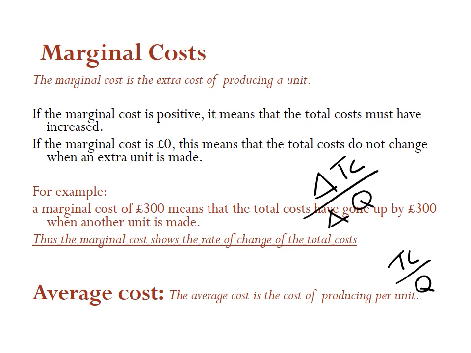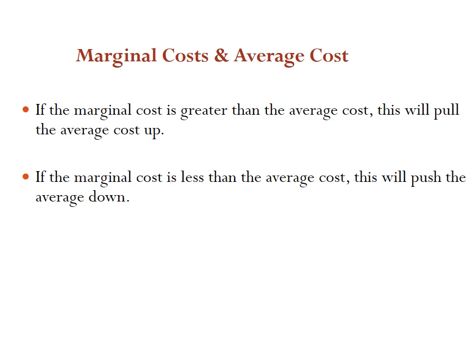Very important, just know the differences between them. Change in total cost divided by change in quantity, that's your marginal cost. Total cost divided by quantity is your average cost. Really simple.